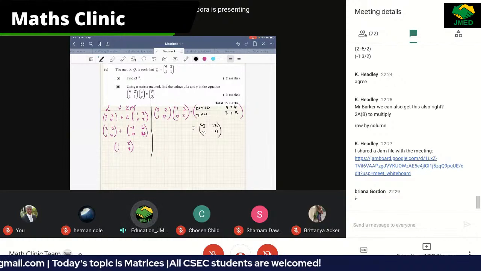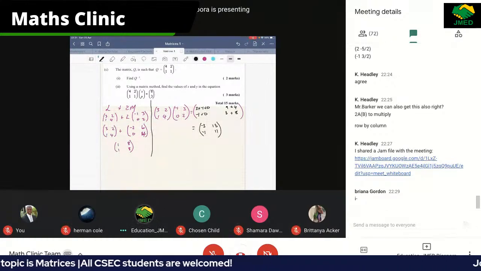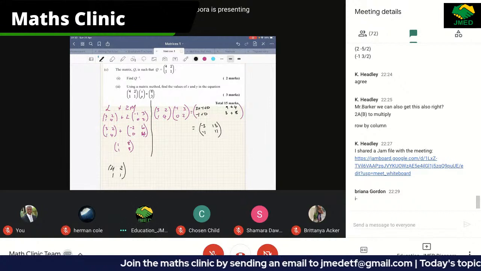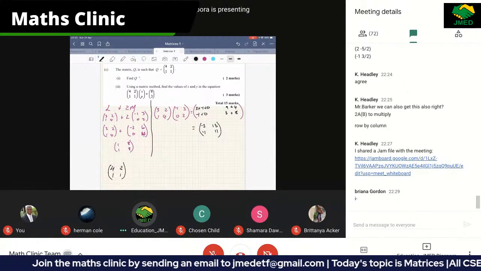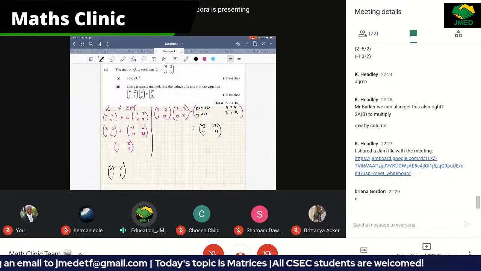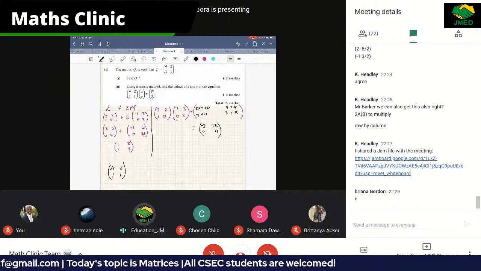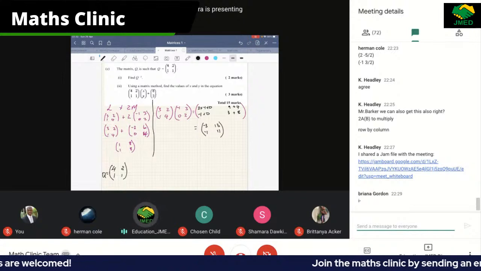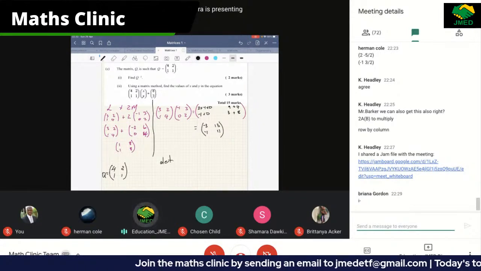Let's work part C now. Part C says matrix Q is such that Q is 4, 2, 1, 1, and it asks us to find Q to the negative 1, which is the inverse of Q. For you to find the inverse, first of all, you need to find the determinant.